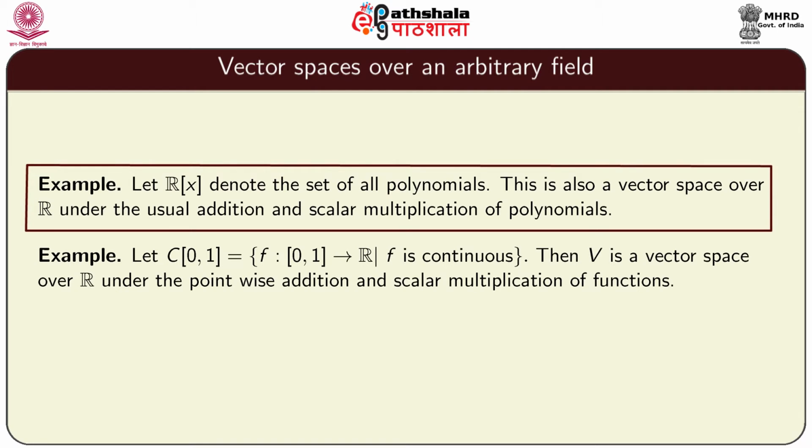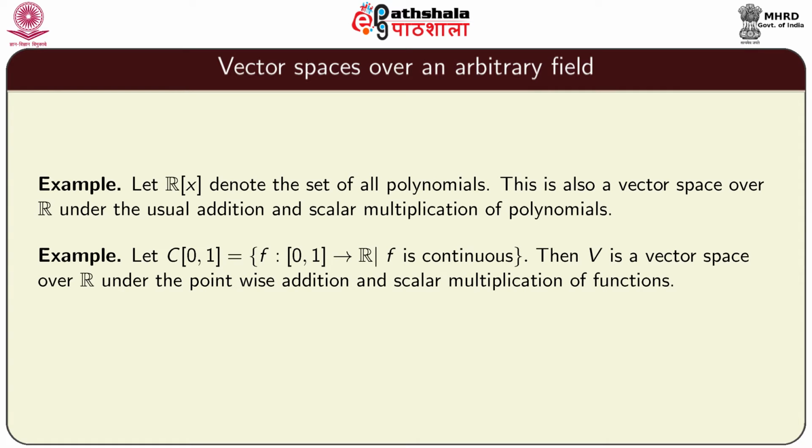Here again we define the addition and scalar multiplication in the usual way, and then R[x] is again a vector space over the field of real numbers, and it is clear that R[x] contains all these Rn[x]'s as subsets for sure.